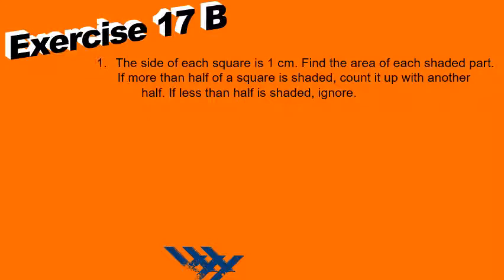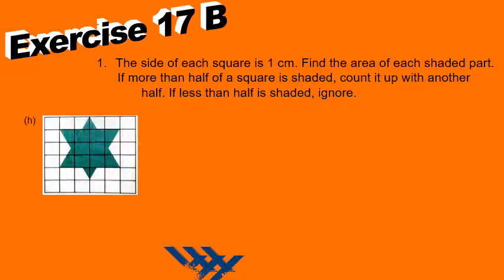So, we will do the a part of question number 1. In this figure, we have to find out the area of each shaded part. So, the number of squares which are shaded fully is equal to 6.